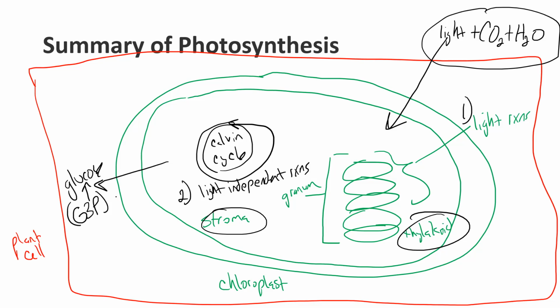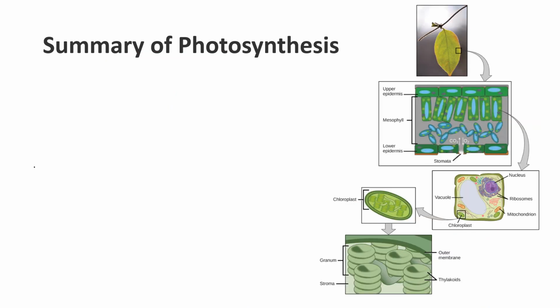So the immediate main product of photosynthesis is G3P, and that is in turn used to make lots of glucose. So we'll say that the main product of photosynthesis is glucose, and then of course we get oxygen as a product of photosynthesis as well.